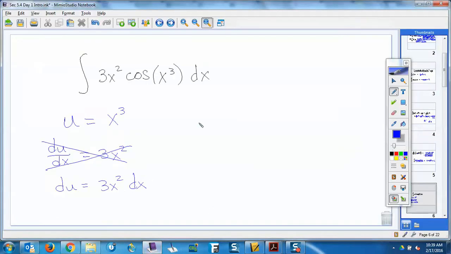That's your thought process. You say, okay, if I let u equal x cubed, the du is 3x squared, which is sitting right there. That's going to be perfect. Because here's what your substitution looks like now. We're going to take that. I like to circle these to make sure I've accounted for everything. You'll see how in some problems that's important. So what is this equal to now? Cosine of u, right?